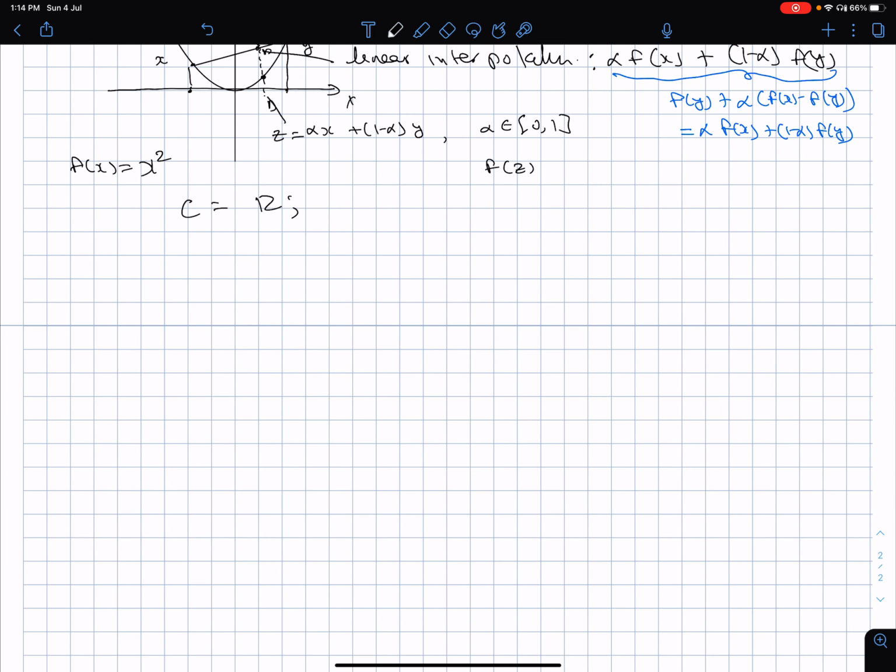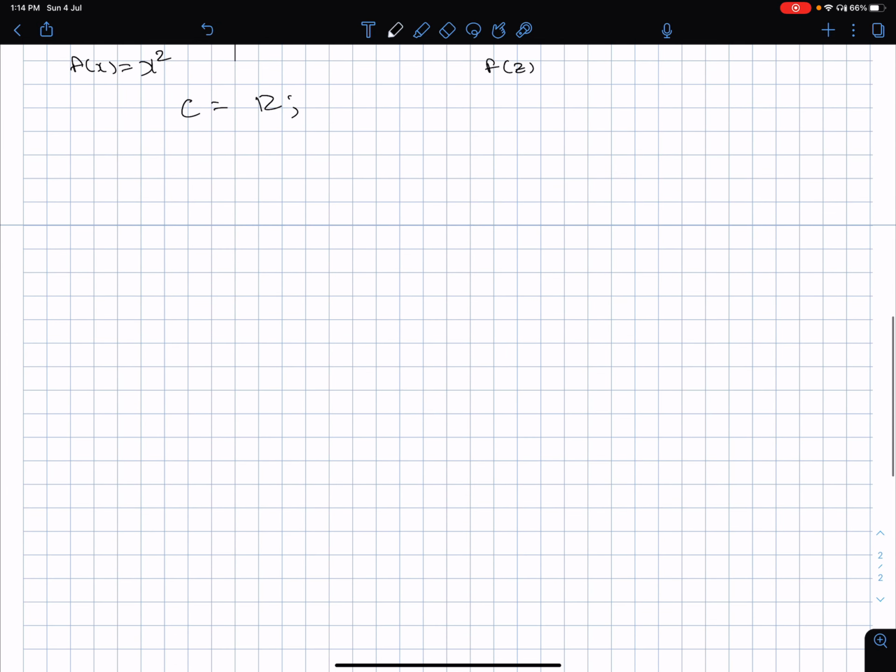So I take another example. Again, I want to do it with simple graphs, so let's take a straight line, y is equal to mx plus c.